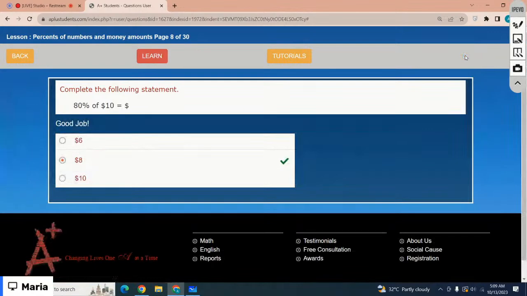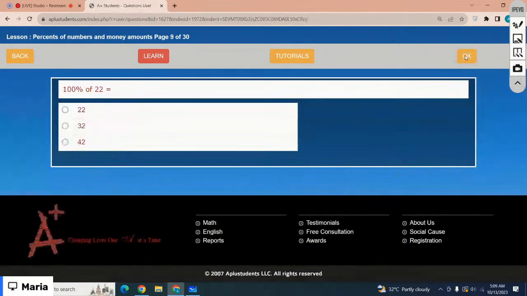The correct option is 8. 100% of 22, which is the correct option? 100% means the complete thing, right? So 100% of 22 is 22. The correct option is 22.